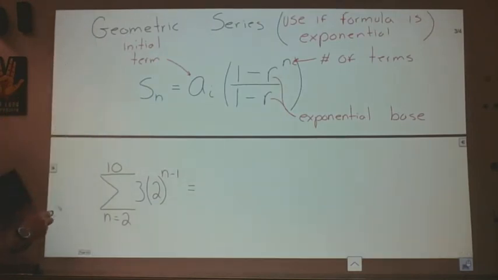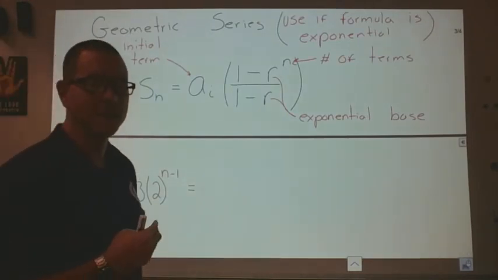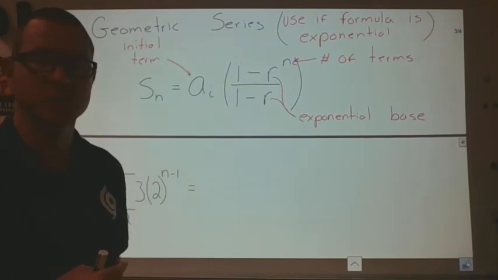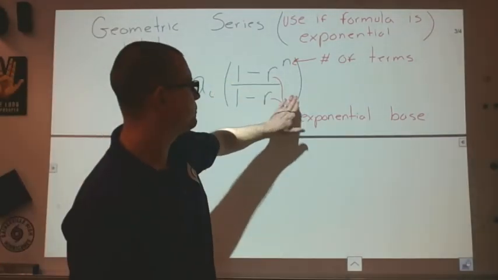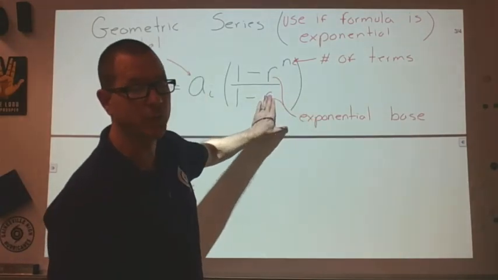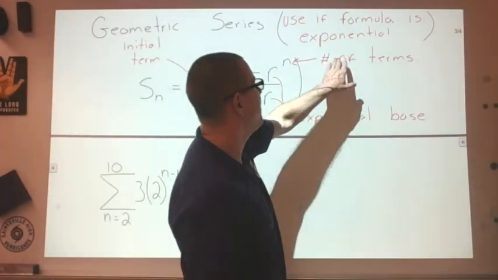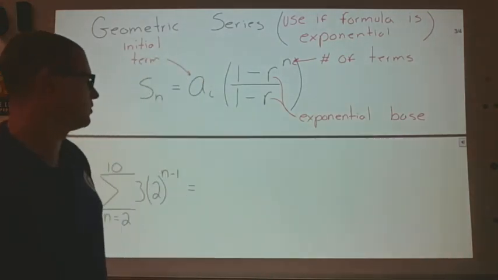In fact, it's a little easier because we don't ever have to find the last term in the sequence. We just need to know the initial term and the exponential base, or the rate of growth, when we're talking about exponential, and the number of terms in the sequence.